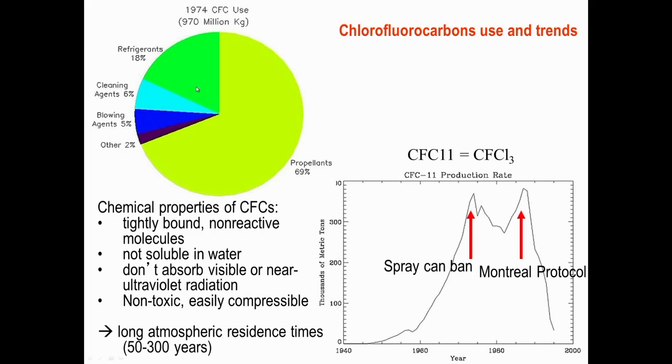So if you look at the usage of CFCs, this was in the 1970s. This was when it was discovered that the ClOx cycle was effective. Propellants. What does it mean by propellants? So the main use of CFCs in the 1970s was not for refrigerants. What was it for?